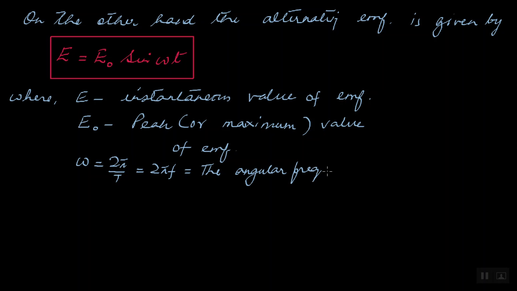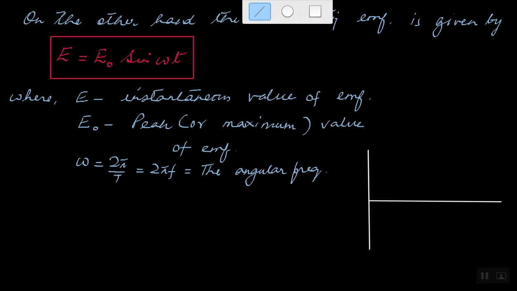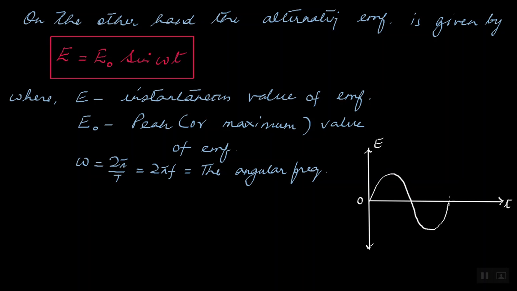Okay, so if we plot a graph of this alternating EMF, we get a very similar graph. Exactly the same. Okay, so let's plot the EMF along the y-axis and time along the x-axis. You will get a very, very similar graph. All right, and this point here, this is the peak value of the EMF.